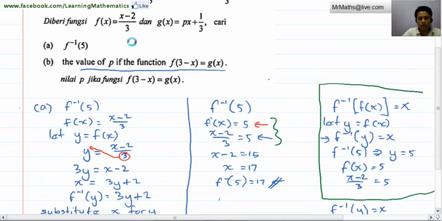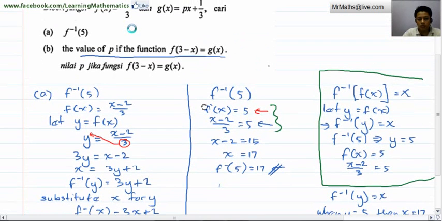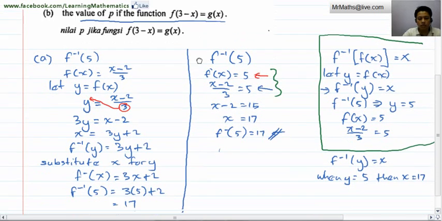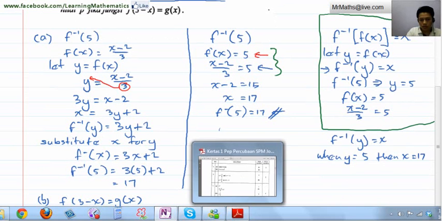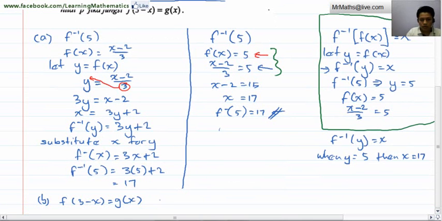And g(x) is equal to px plus 1 over 3, and f(x) is equal to (x minus 2) over 3.